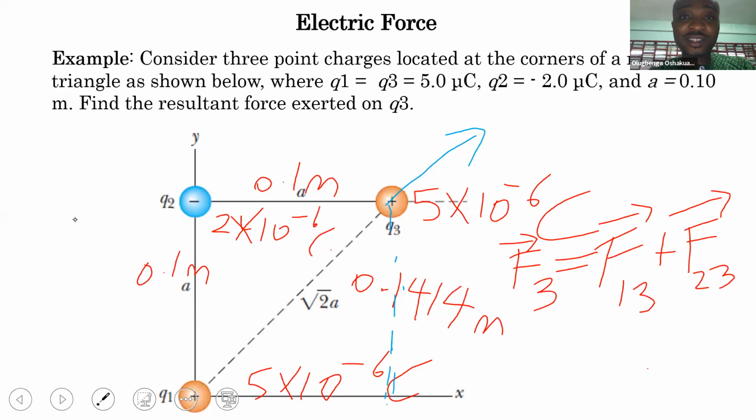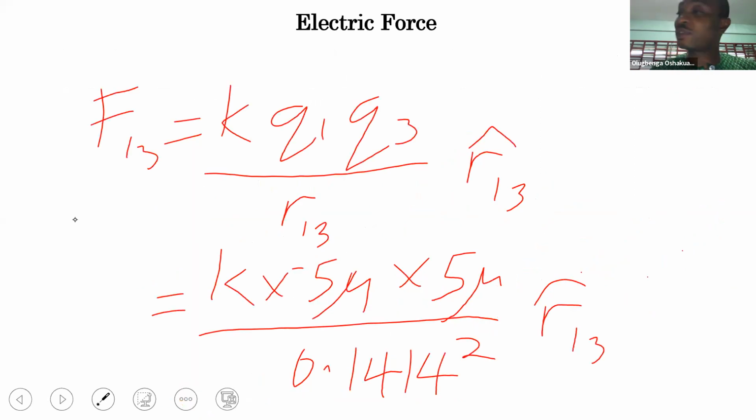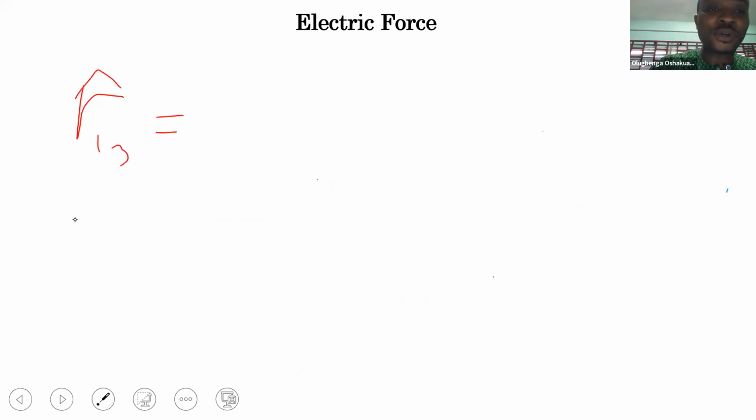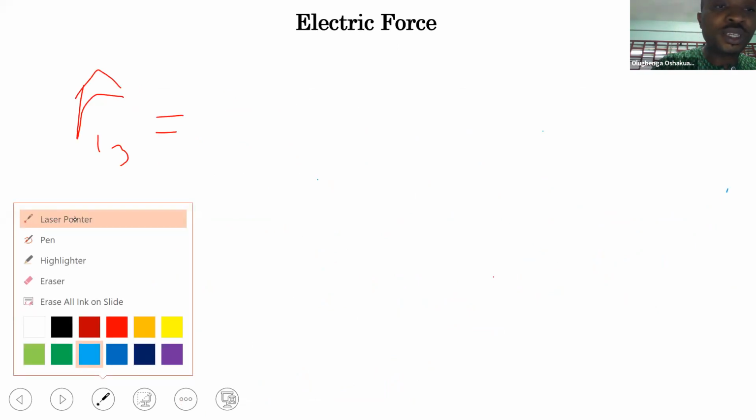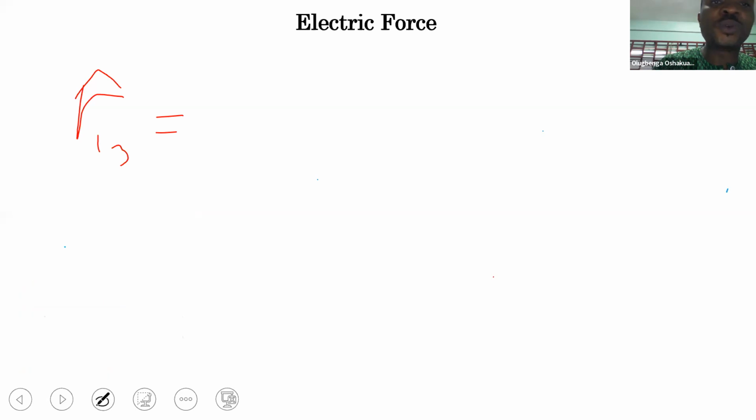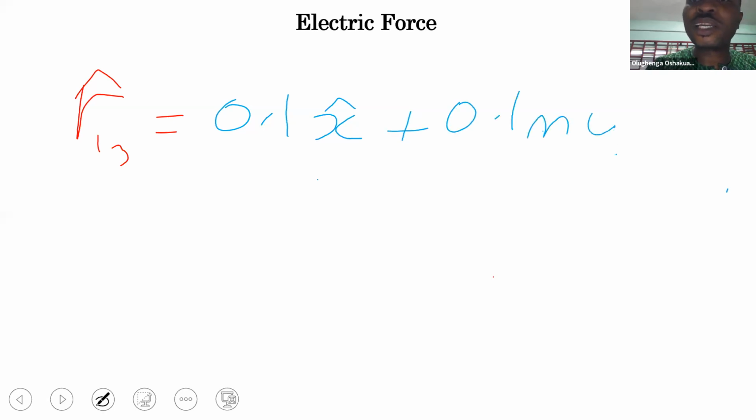Length A is defined there as 0.1 meter. And that means that my R13 caret will be defined as 0.1 meter in the X direction plus 0.1 meter in the Y direction. So let me remove this.